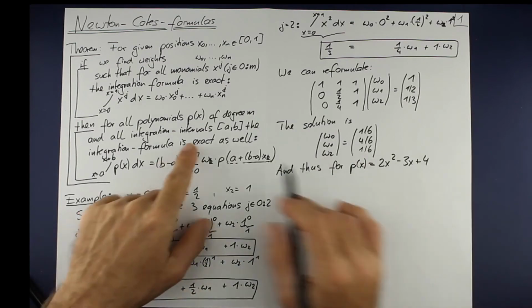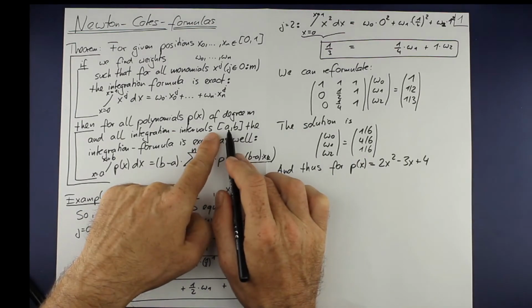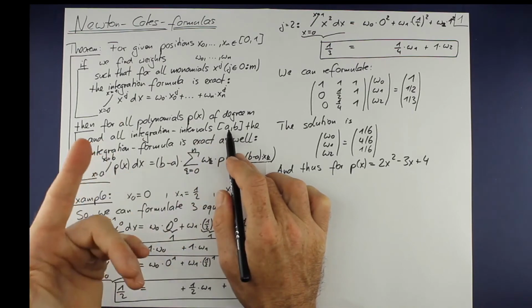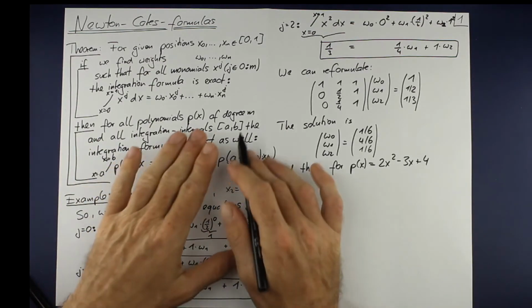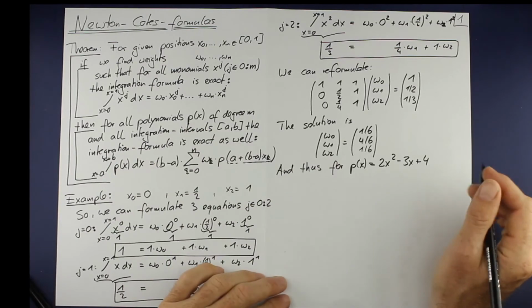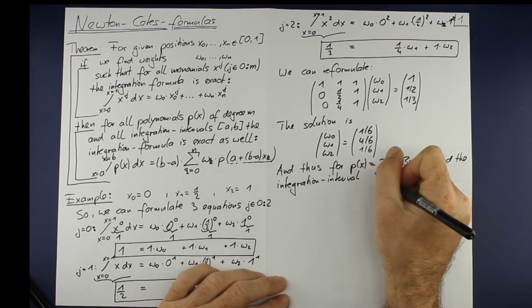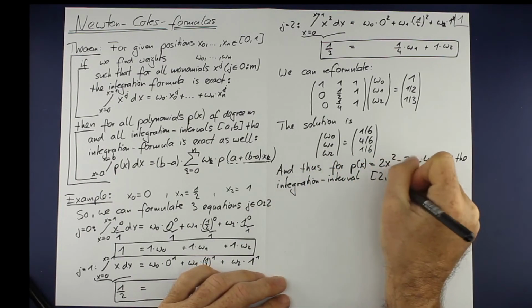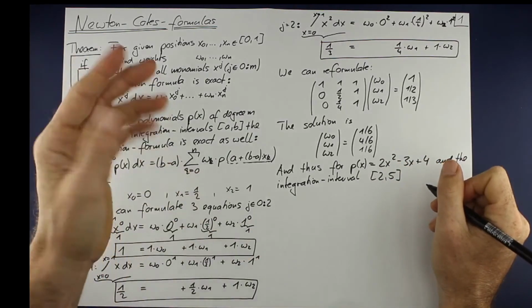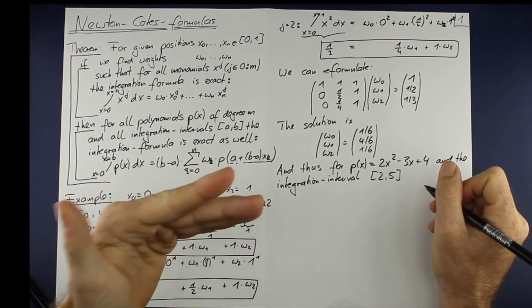And give me some arbitrary interval, whichever you want, not 0, 1. It can be 0, 1, but maybe more interesting would be another interval. Okay. Maybe you give me 2, 5. And then we can integrate without integration.